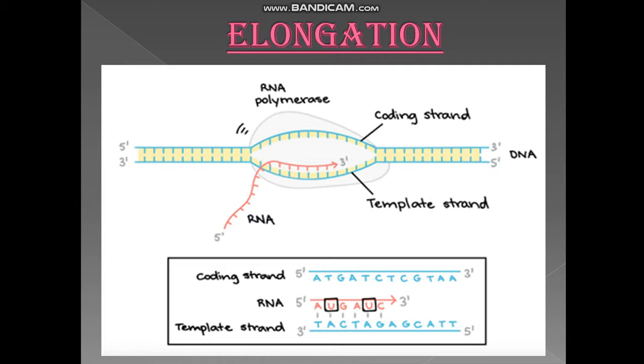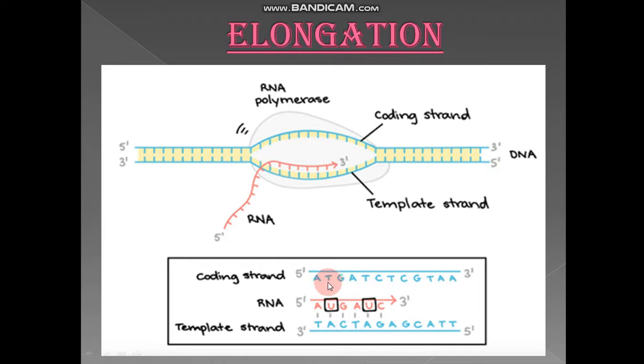Clear? Just understand here the coding region. I have marked this here as the coding region. If the coding strand has A, T, G, A, the template strand will have T, which is complementary to A, and so on. Okay, these blue strands are DNA and the pink strand is the newly synthesized messenger RNA. So you can see the newly synthesized messenger RNA, which is pink in color, AUG, is actually ATG.